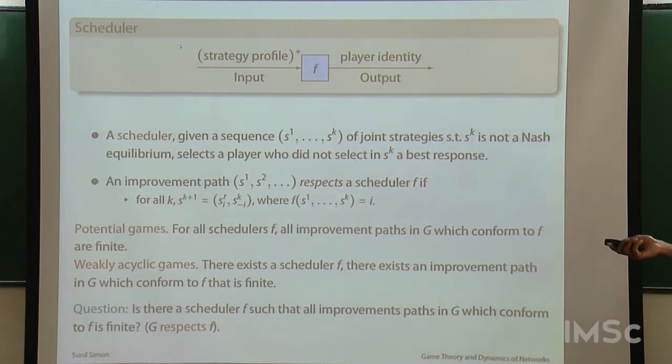So this has nothing to do with the network games that we started with, but one example of a game which has this property is the network game on the cycle, right? This respects that particular scheduler that we defined. So that's an example of such a game.